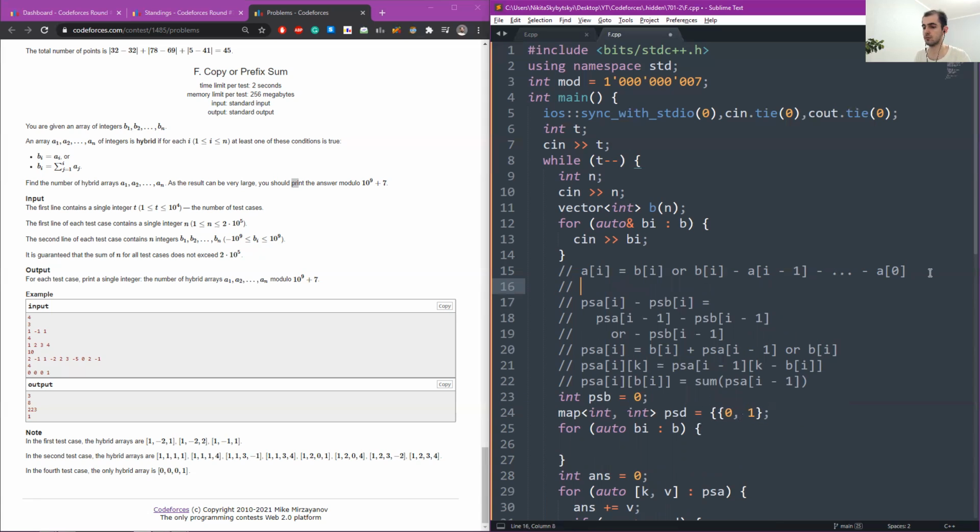So I'm going to be not very smart with names, and I'm going to call this prefix sum difference.